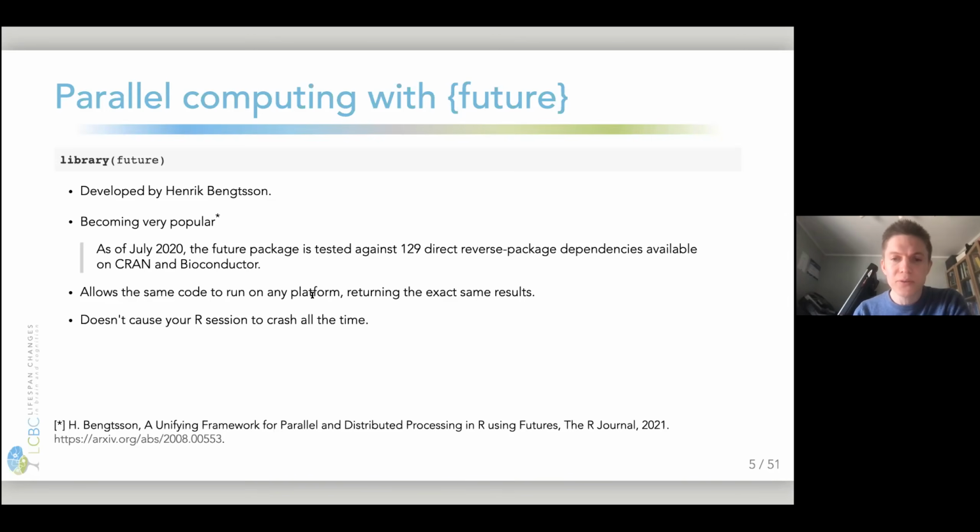It works on Windows, Mac, Unix, in the cloud, and on a computing cluster, and it returns the same results with the same code. Also, it doesn't cause your R session to crash all the time, which was a problem with many of these older parallel computing packages in R.